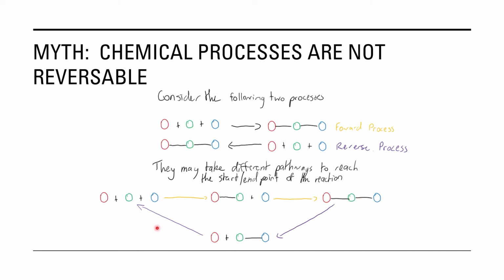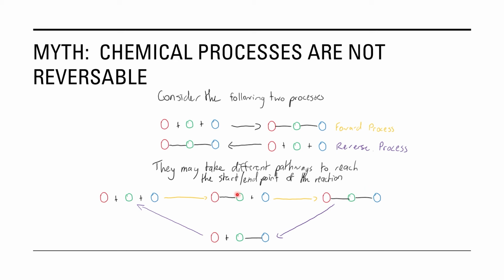And the reverse process actually looks a little bit different. We have our molecule and the bond between the red and green atoms actually breaking first, rather than the reverse process literally being a direct copy of this forward process.